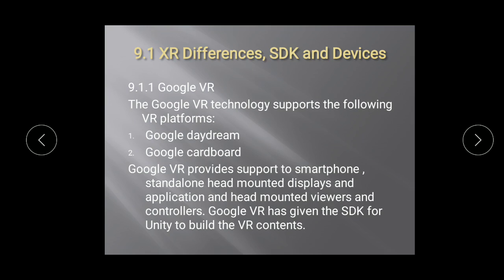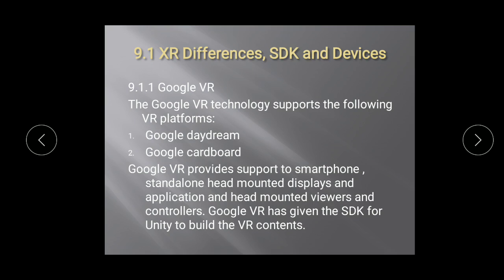Examples of Daydream ready phones are Google Pixel 2, Samsung Galaxy Note 8, S8, S8 Plus, and LG V30. These are the phones which Daydream supports nowadays. Now you have a number of varieties of Google Pixel phones also, so you can go for that.